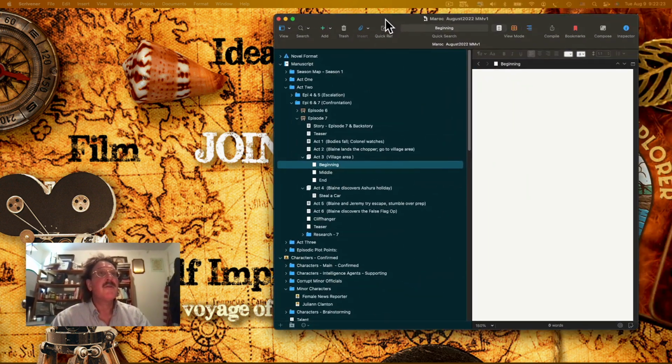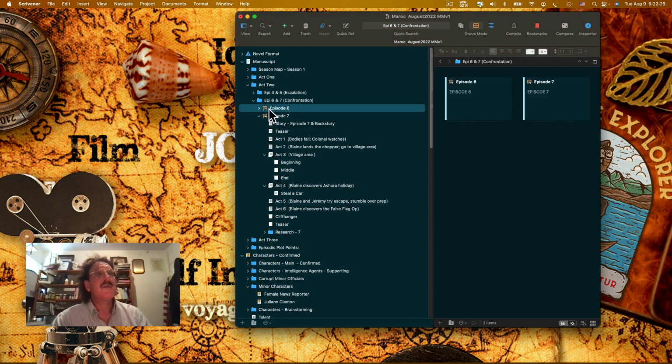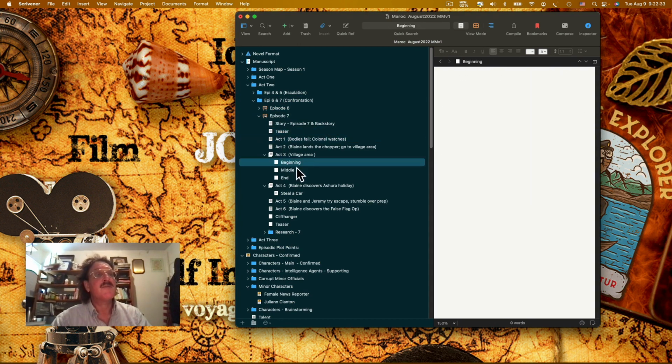In Scrivener, you're able to put in folders, subfolders, and documents, and then subdocuments. In this particular case, I'm on Act 3 of Episode 7, or Chapter 7 for right now. I have a beginning and a middle of an end in what I know is going to be the village area.